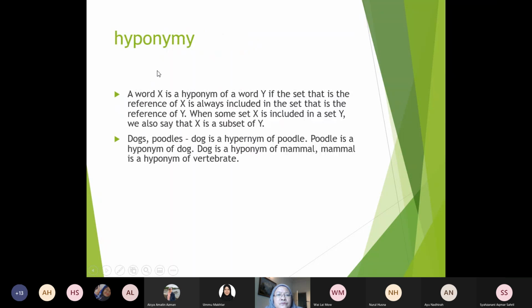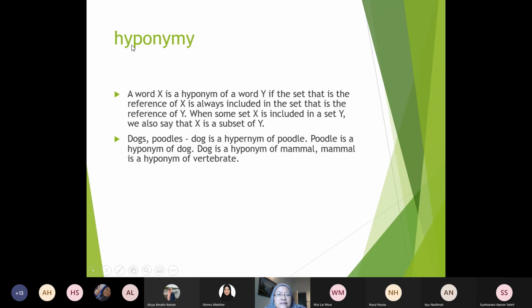Okay, now we come to relations, semantic relations. After having said that some words have opaque meaning, meaning it has a collective meaning, you can't go into the parts of the word to get the meaning. So now we're talking about semantic relations.